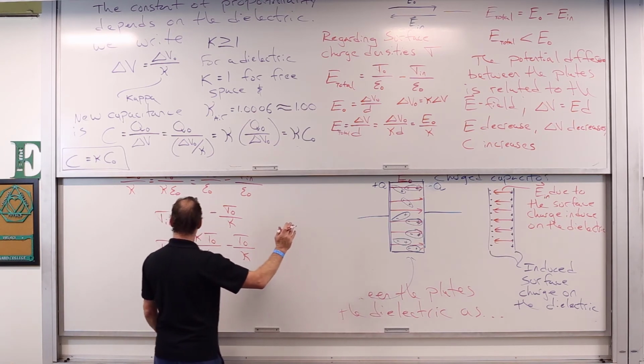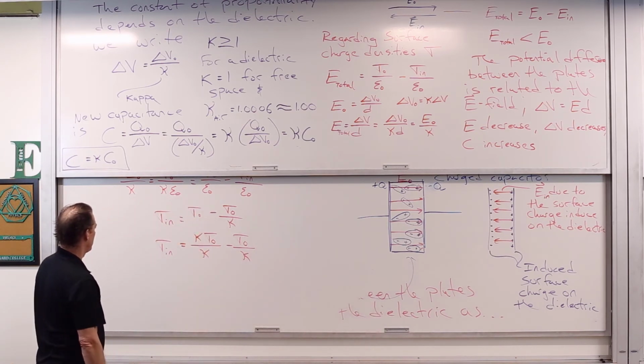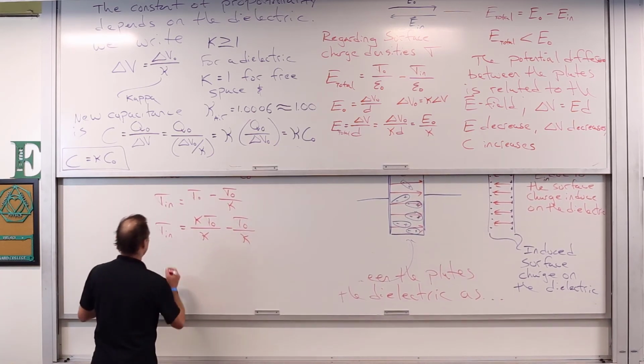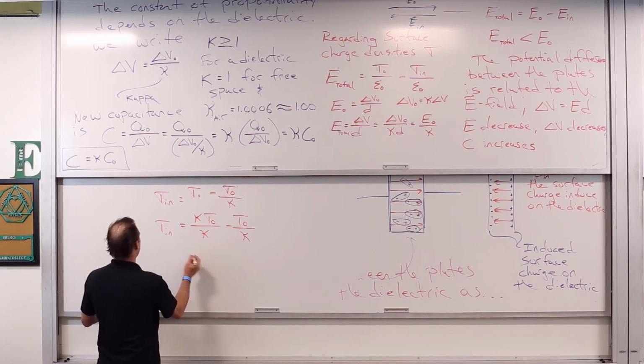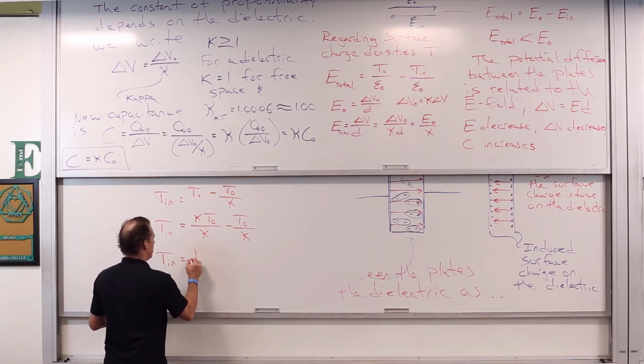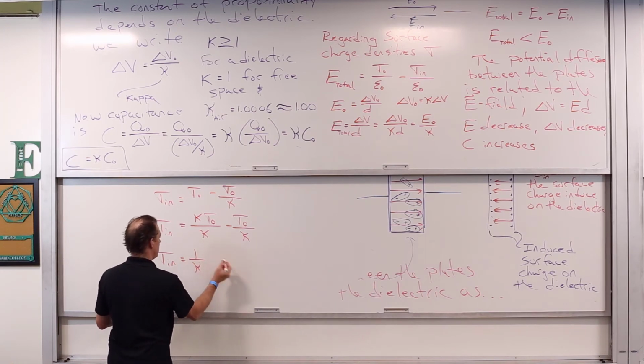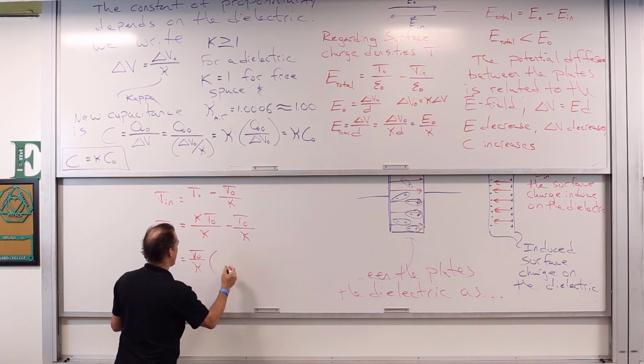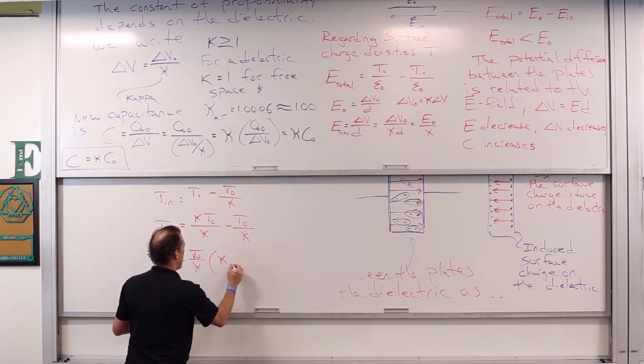And ultimately, we could factor out some kappas here. Sigma induced is equal to sigma 0 over kappa times kappa minus 1.